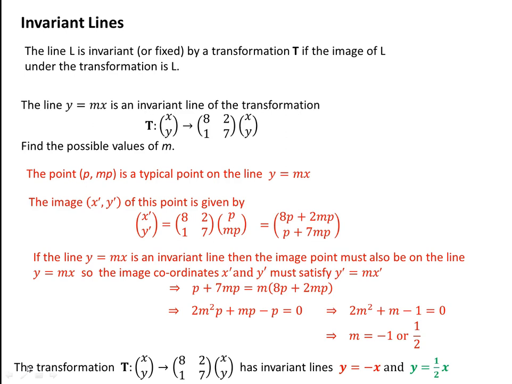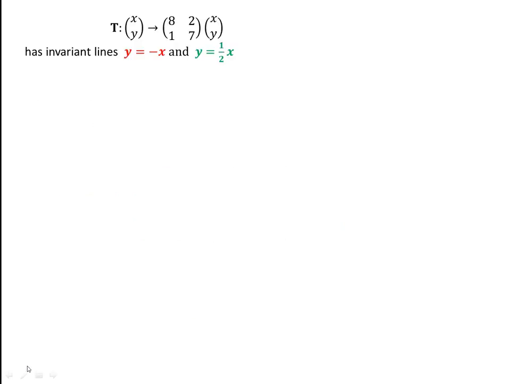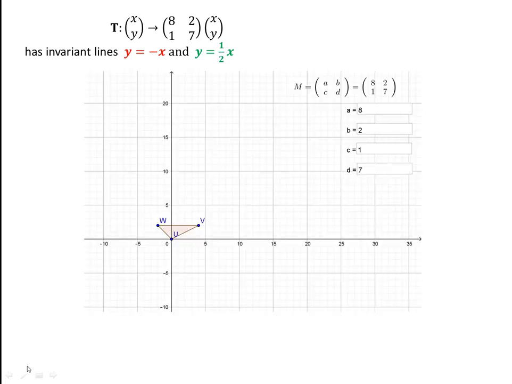Now we can see what this means by making use of our GeoGebra representations of the transformations. In this case we've got an object triangle consisting of U, which is the origin, V, which is the point 4, 2, and that lies on the line y equals a half x, and W, which is the point minus 2, 2, which lies on the line y equals minus x.